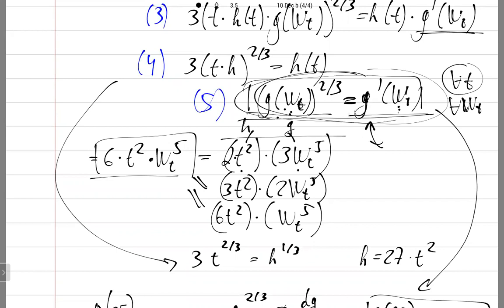Maybe it's better to use another letter: g of some a to the power 2 over 3 is g prime of a. And now I have a completely deterministic equation. If it holds for every value of the Wiener process, then this equation holds for every real number, because the Wiener process can take all real values. Understood. Thank you very much for the explanations.